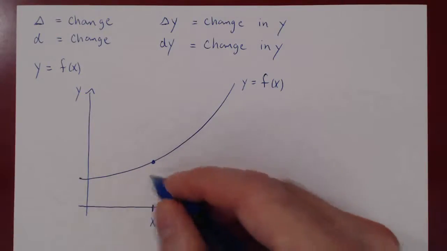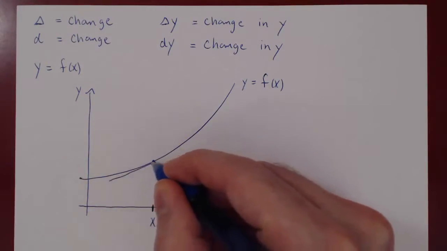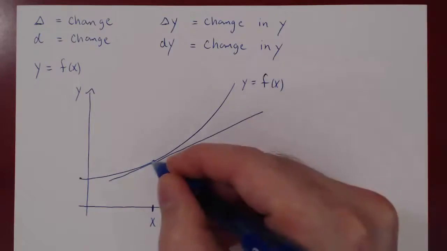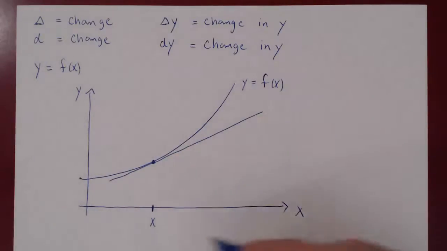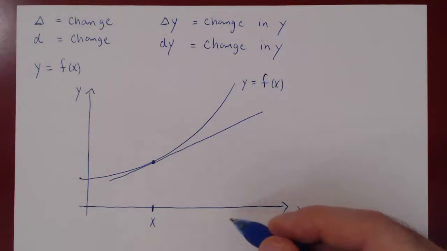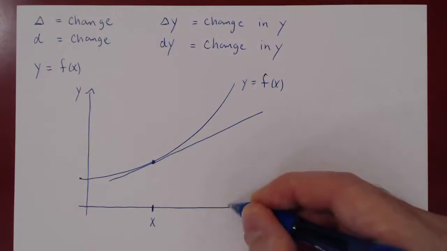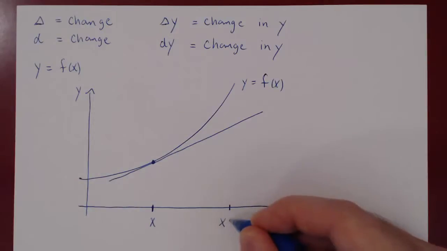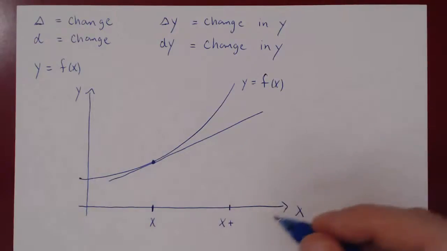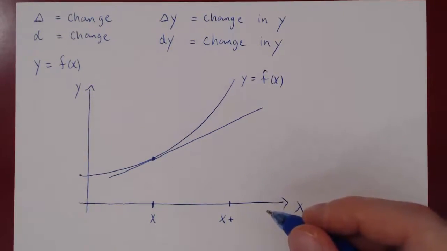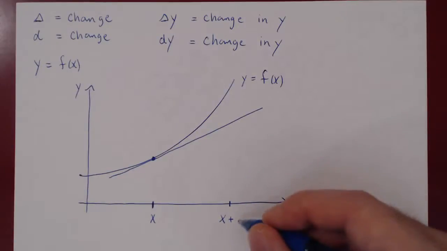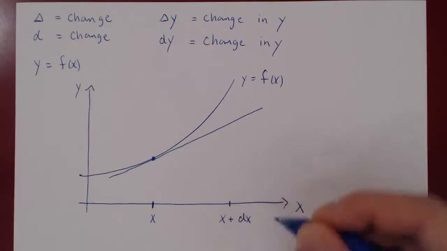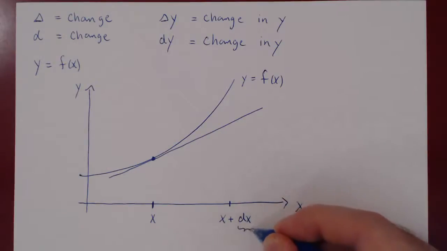Let's draw a tangent line. And now ask, what if we introduce a change in x? So what if, say, we add to x a change in x? So we'll say x plus, and here there's two letters we could use. We could use dx or delta x. They will be the same change. So suppose we say x plus dx, but this is the same as delta x.